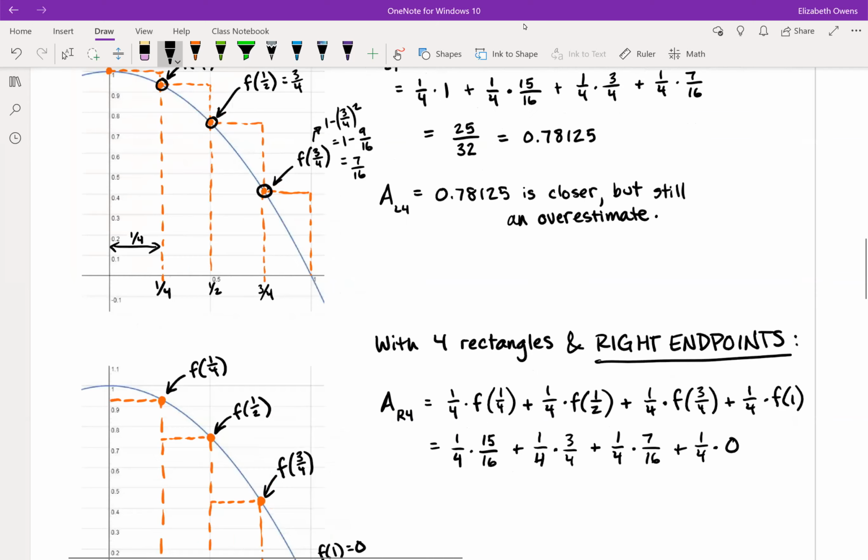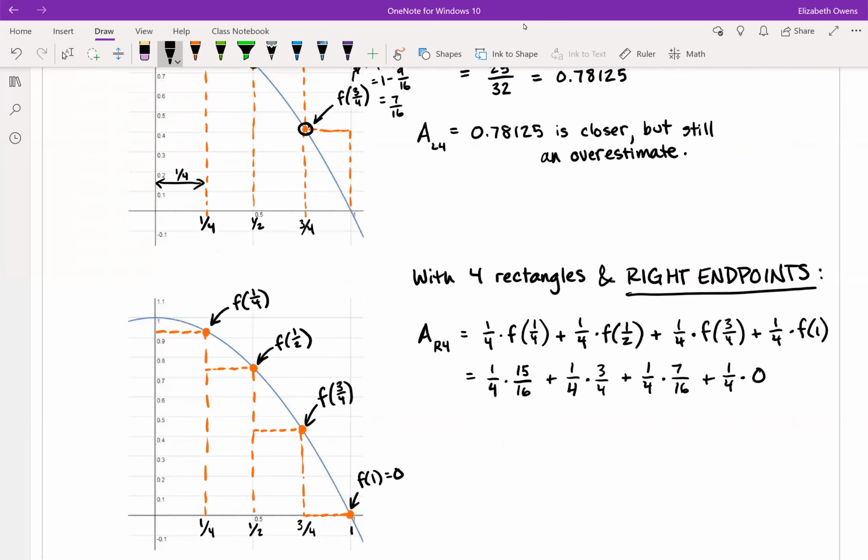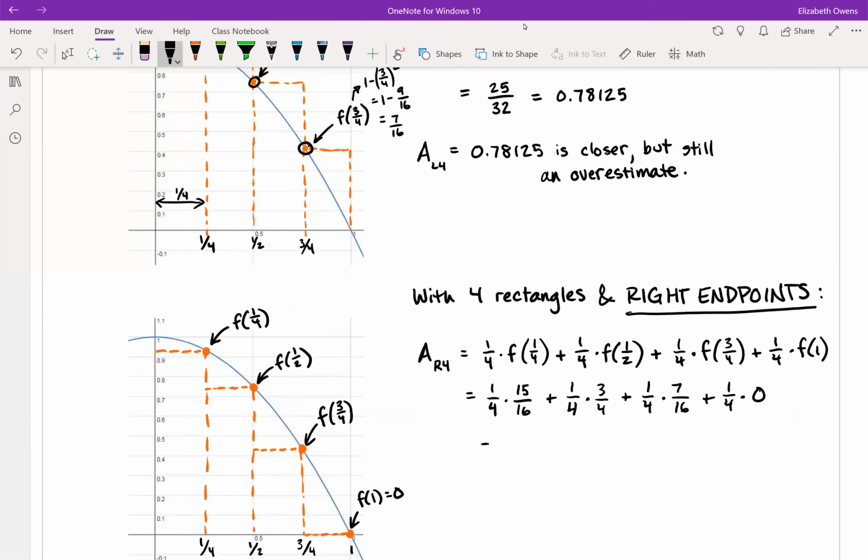Cool. Okay. So you would crunch those numbers, and with doing it with a fraction, common denominator, you'd get 17/32. Or if you're doing it with a decimal, you'd get 0.53125 square units.